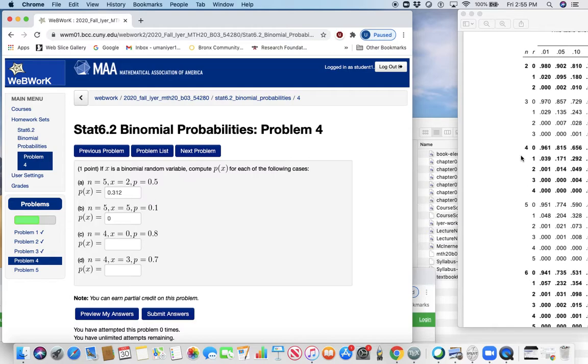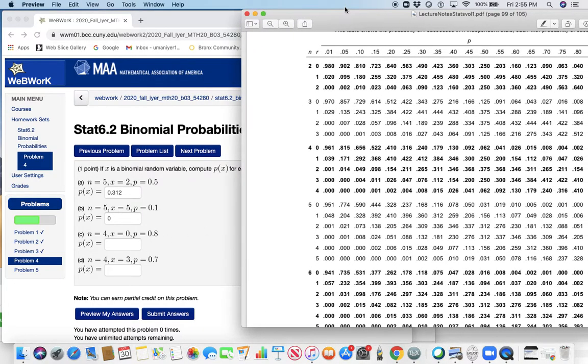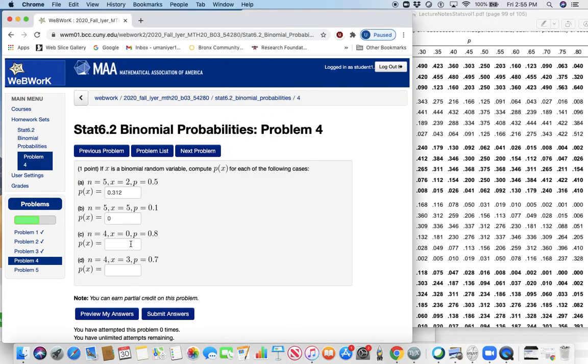N is 4, x is 0, p is 0.8. 0.8 is over here. N is 4, number of successes 0, and 0.8 is the probability of success. That gives 0.002.